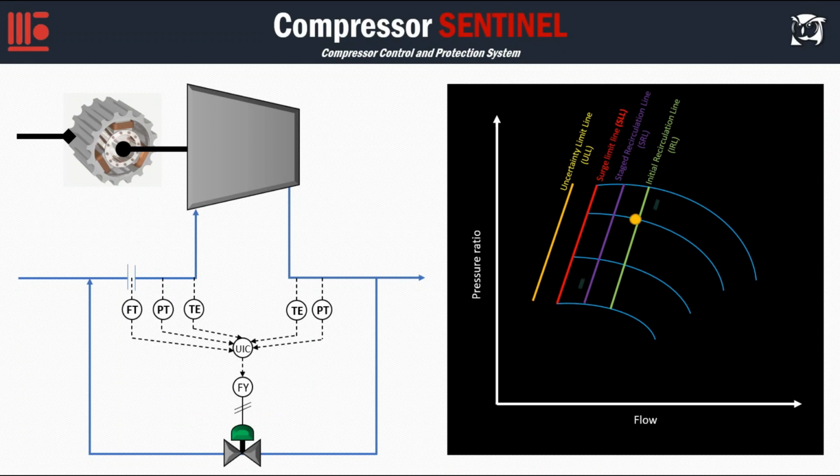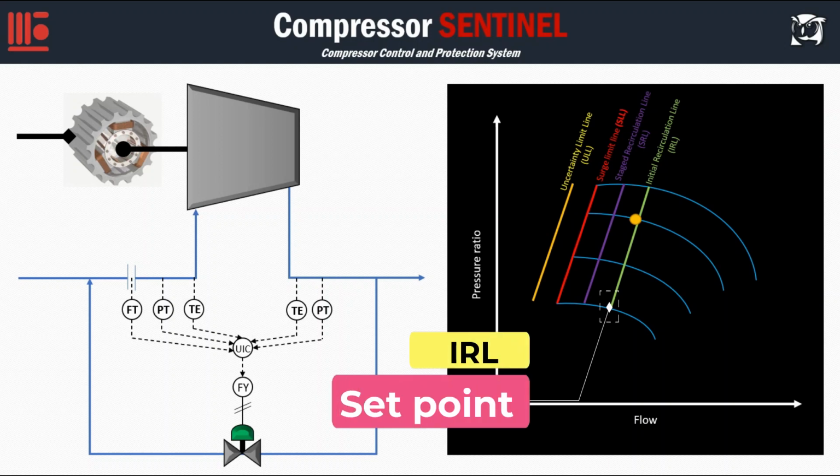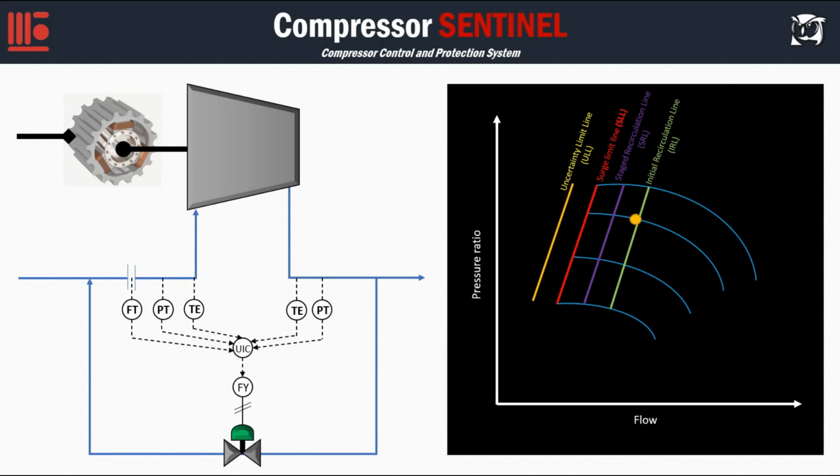In this operating zone, the limit set by the initial recirculation line, IRL, is established as set point. In the event that the flow continues to decrease and is located to the left of the limit established by the SRL, the anti-surge controller performs a step opening. The period and magnitude of the step are configurable.